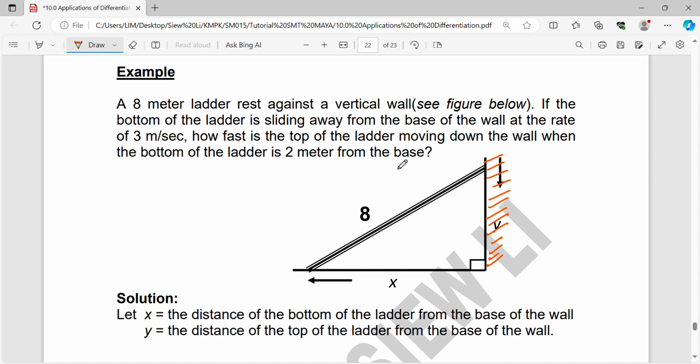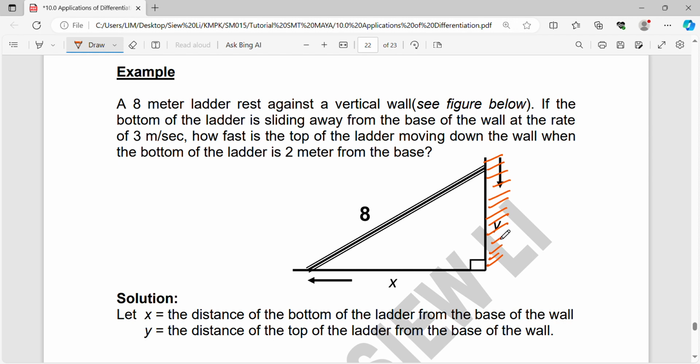So let us define our variables here. As you're leaning your ladder against the wall, the length here keeps on changing. As you're sliding, your x is extending, so the length of x is increasing. But as you can see, if your ladder is sliding away, the length of the vertical, which is your y, is going downwards.